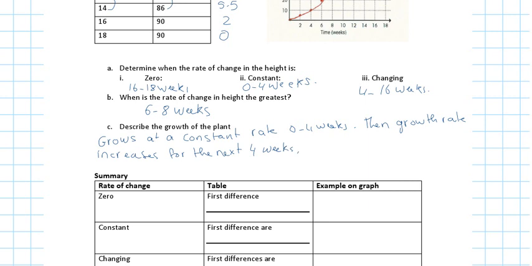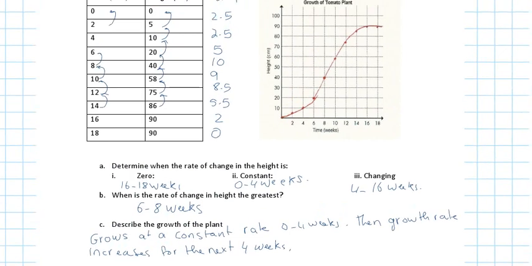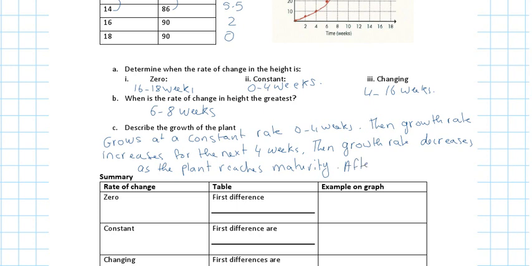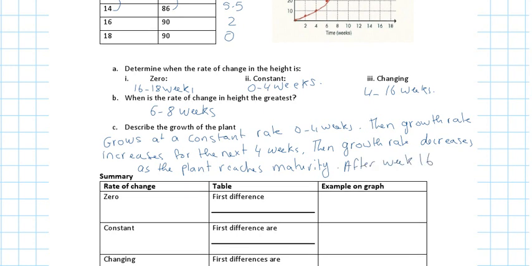You see that increase, and then you start seeing a decrease in the growth rate, as the plant reaches maturity. After week 16, the plant stops growing.